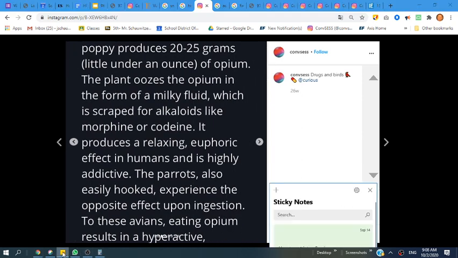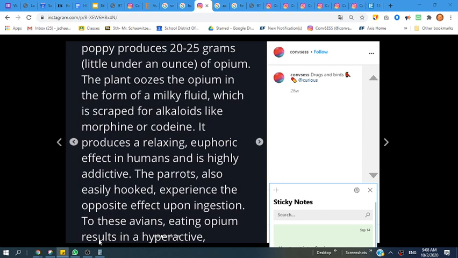So it continues with saying, the poppies produce 20 to 25 grams, or a little under an ounce, of opium. The plant oozes the opium in the form of a milky fluid, which is scraped for alkaloids like morphine and codeine. It produces a relaxing, euphoric effect on humans and is highly addictive. The parrots, also easily hooked, experience the opposite effect upon ingestion.